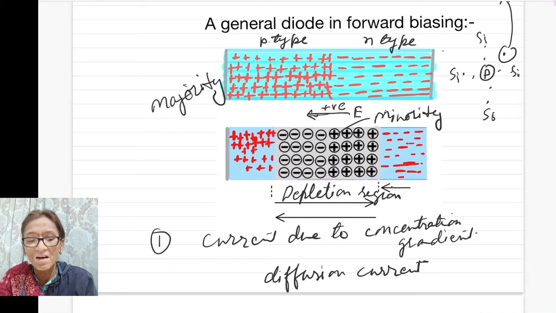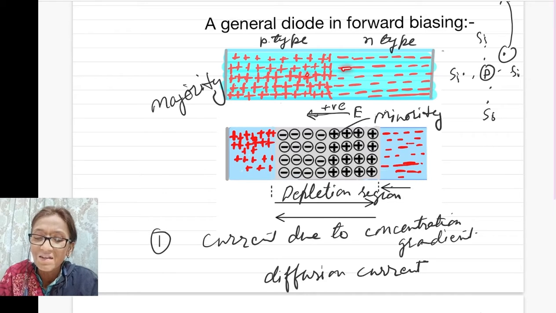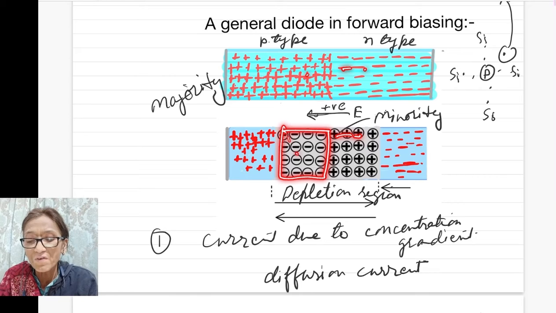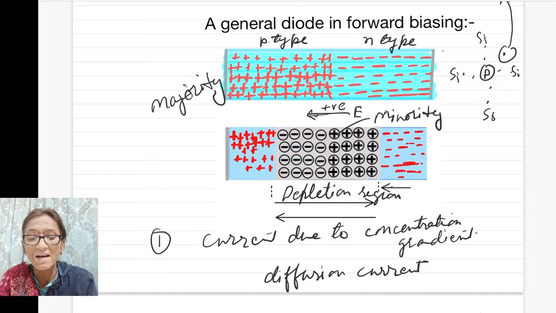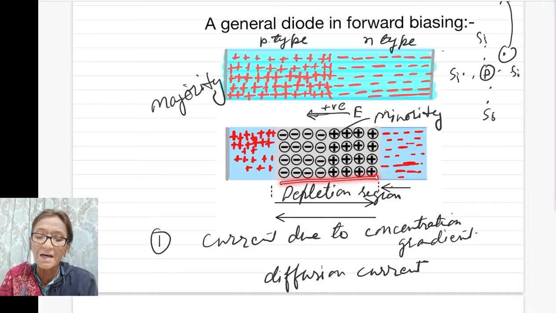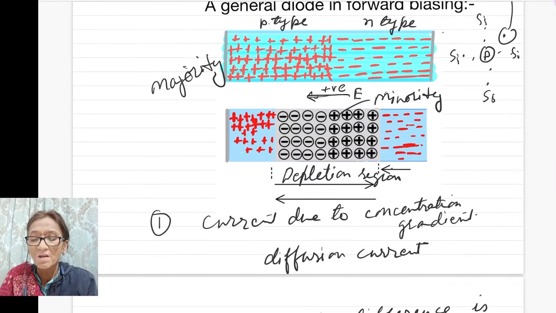A similar phenomenon is happening here. These holes go to the other side, and what is left here in place of holes? All the remaining bound charges, bound with covalent bonds, are here. Now they cannot move. All the holes have moved along one side, and all the electrons have moved along the other side. This is due to diffusion current.